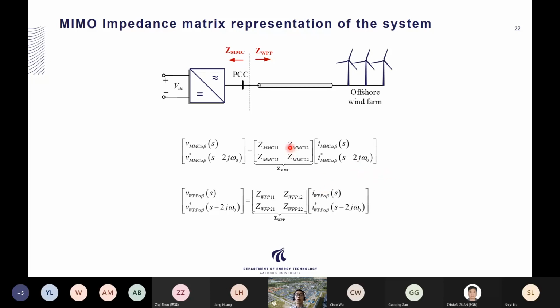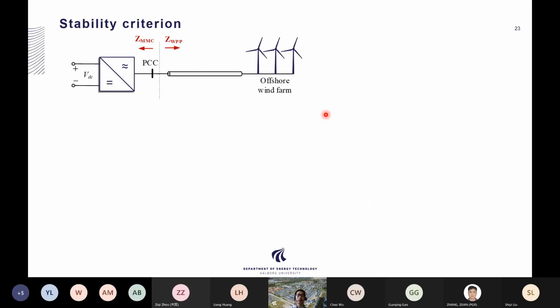Then you may wonder whether the impedance-based analysis based on the SISO, single input single output, representation of impedance is still applicable or not. I would say that it is still applicable, but the key part here is that you should take this frequency coupling term into consideration. I will explain later.